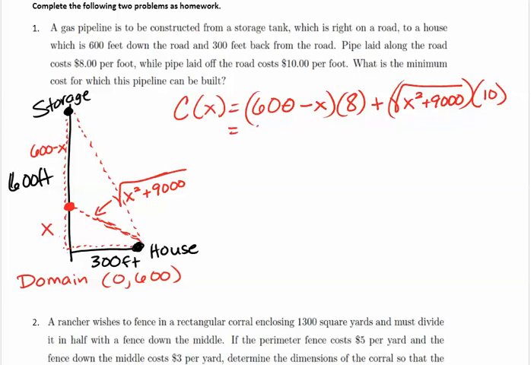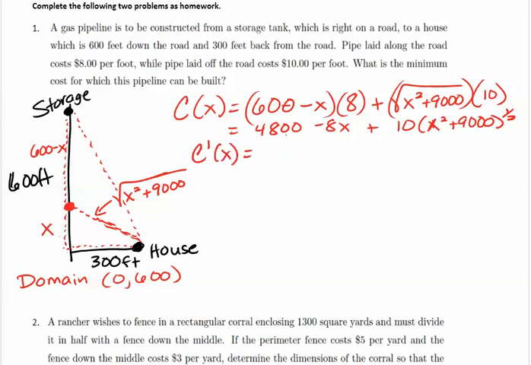So let's clean this up a little bit here. 4,800 minus 8x. And for purposes of differentiation, I might write this as an exponent. Whoops, 90,000 to the 1/2.